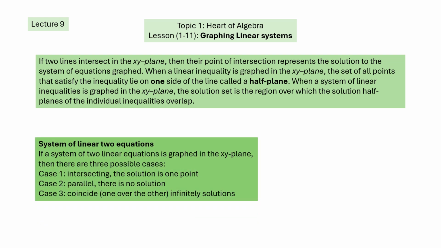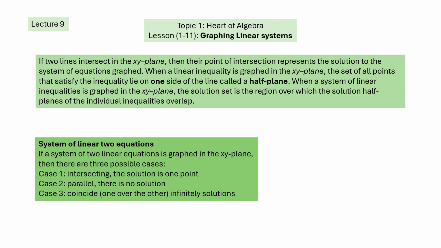System of two linear equations. If a system of two linear equations is graphed in the xy plane, then there are three possible cases. We have seen this information many times.